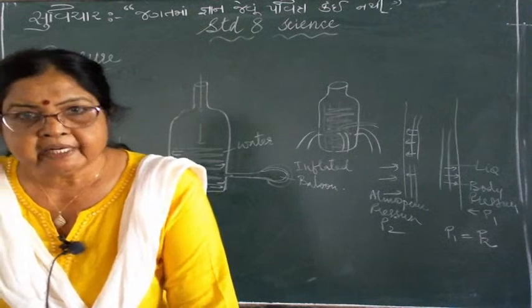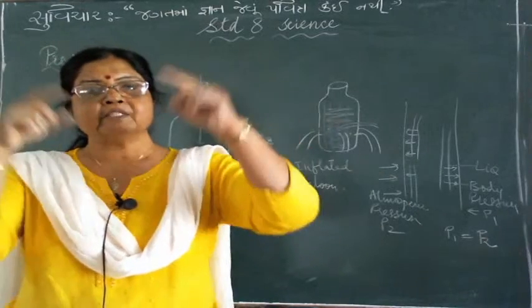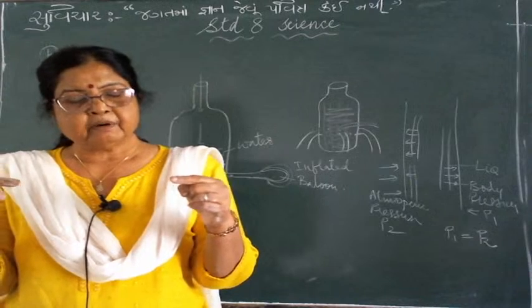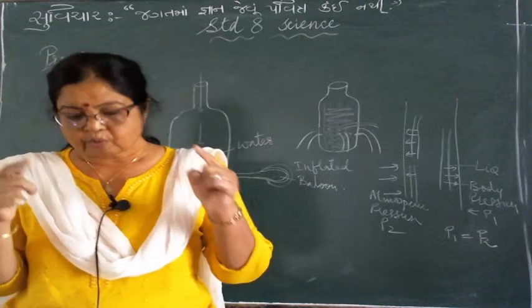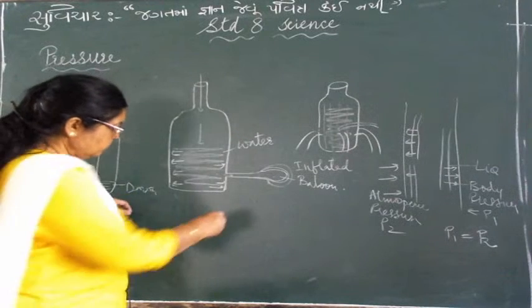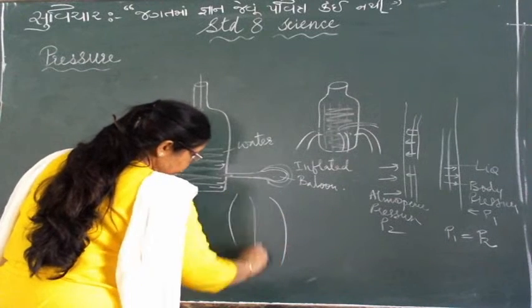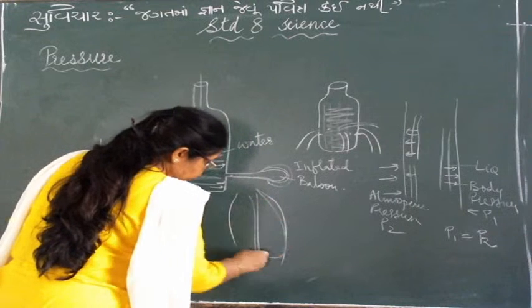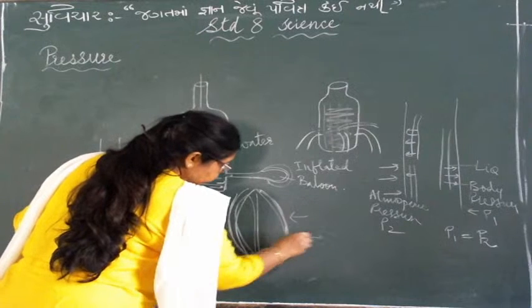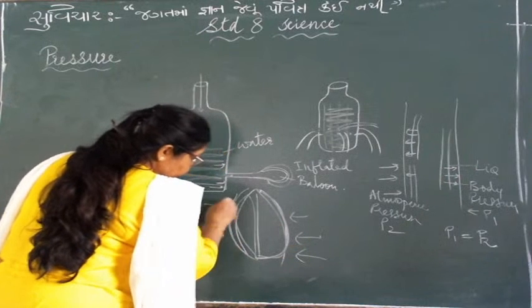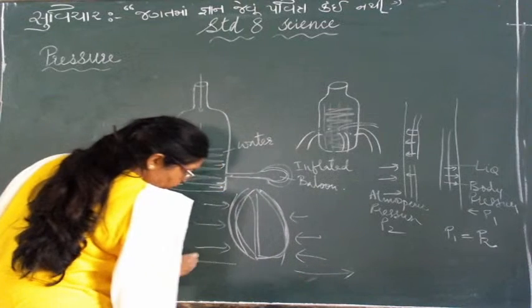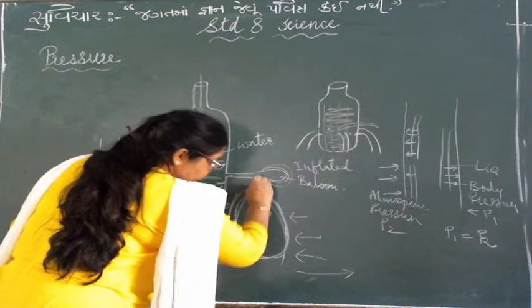The atmospheric pressure on the hemispheres from outward to inward was so much that the pull of the horses could not detach them.